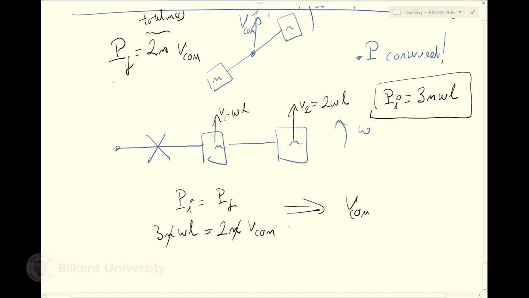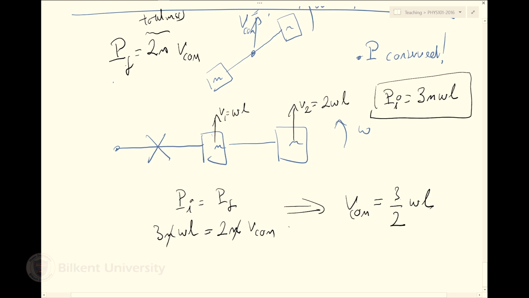V center of mass is 2/3 omega L. No, 3 halves omega L. Yes. Would there be angular momentum? Let's discuss that. Okay, that's exactly what I would like to discuss.